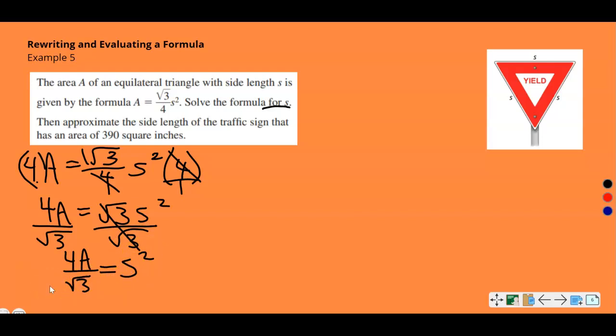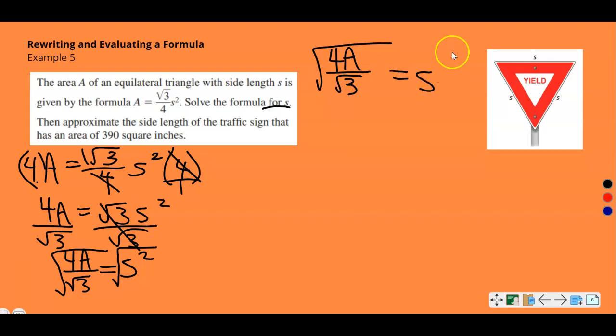Since we have S squared, we have to take the square root of both sides, the square root of that whole expression on the left side. Even though the denominator is already under a square root, we have to do that as well. We can assume this is only going to be positive, so we have the square root of 4A over the square root of 3, and that's going to equal S.